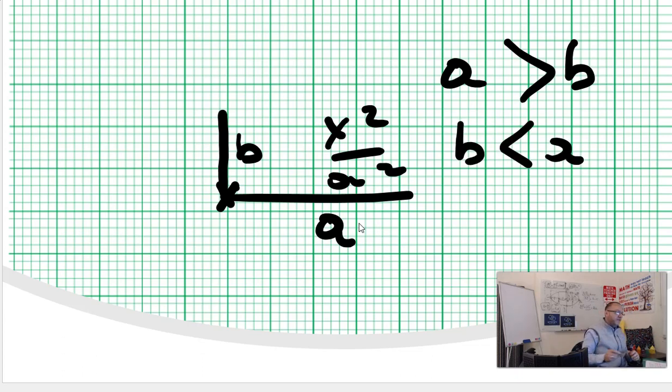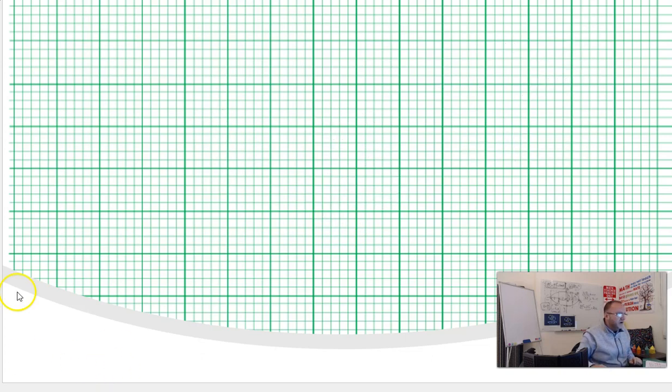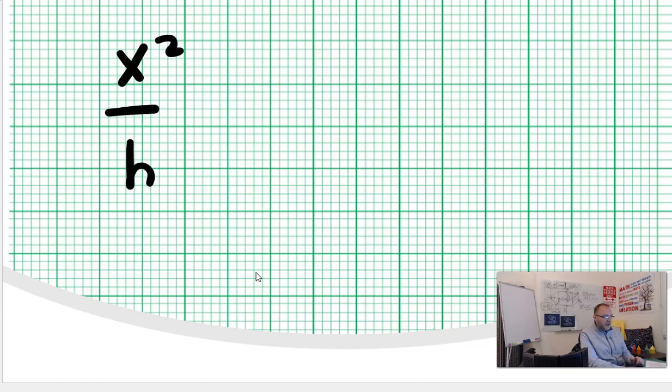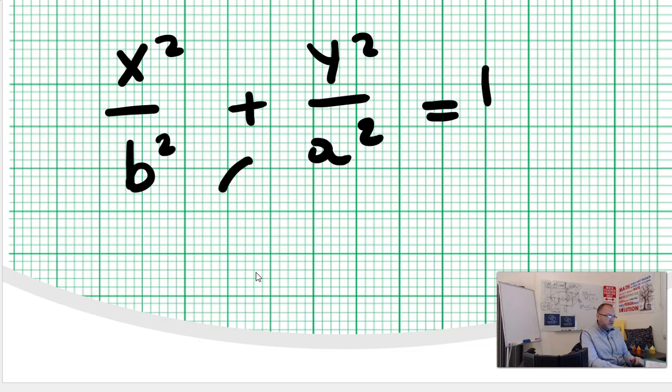Now, if the quantity under x squared is smaller than the quantity under y squared, then it's stretched in the vertical direction.